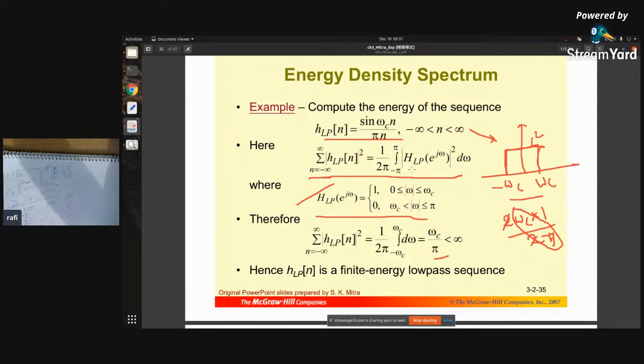In place of H_LP(omega), you can substitute 1 when omega is between minus omega c and plus omega c. And the integration of minus omega c to omega c d omega is 2 omega c, divided by 2 pi, that is omega c by pi. So this is how we calculate mathematically.